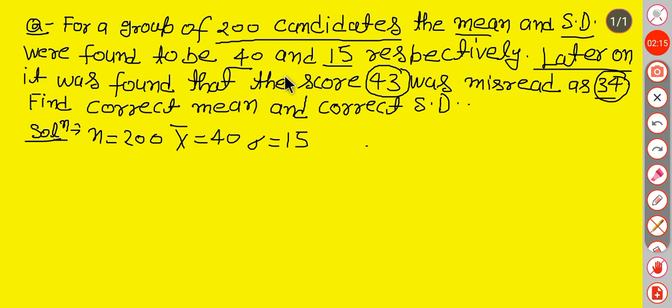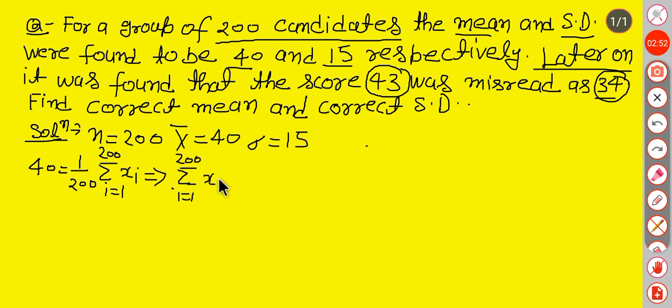Now if x bar is equal to 40, we can write 40 is equal to 1 upon 200 summation over i is equal to 1 to 200 xi, and this will give you summation of xi is 8000.